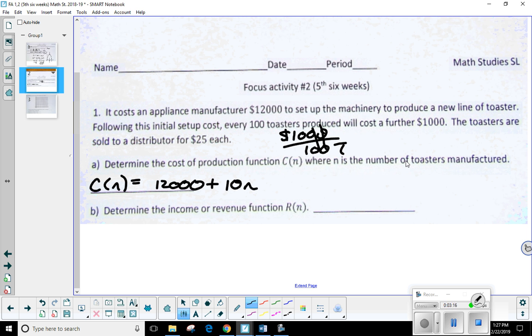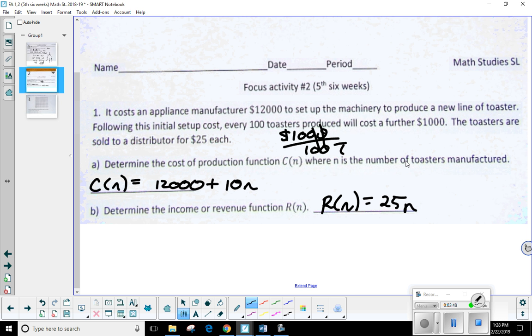No. It contains the potential for profit, but revenue is simply the total amount of money that you're bringing in. But then you have to subtract off the production costs, and hopefully whatever's left, that's going to be your profit. So how much are we selling the toasters for? 25. So R of N is equal to 25n. Any questions on the equations?